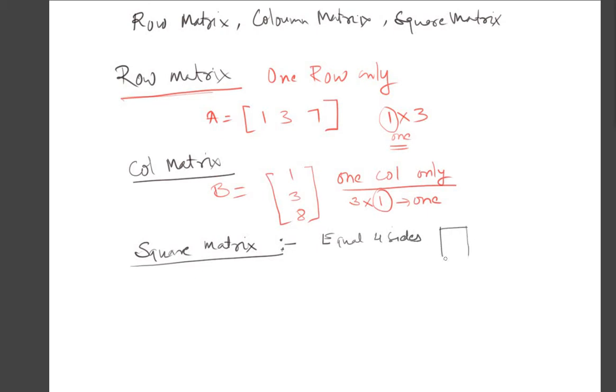If I have to draw a square, this is a square. Suppose this is 2 centimeters, so all of them are 2 centimeters, right? So a square matrix is nothing but that matrix which has the same number of rows and columns.